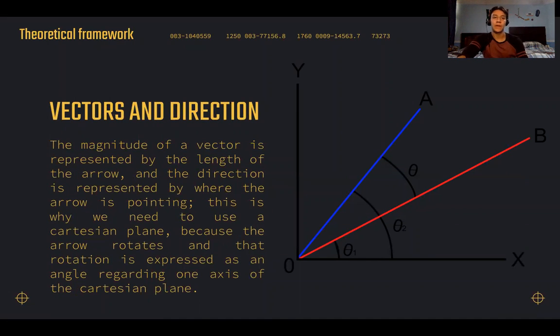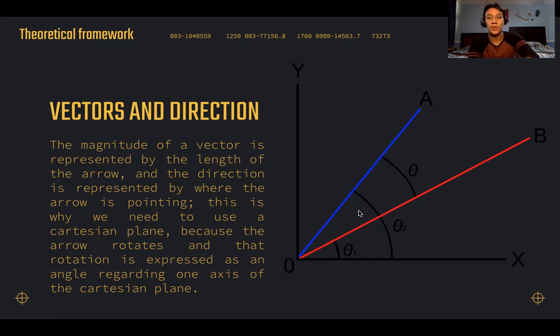The magnitude of the vector is what the arrow has traveled. It can be measured in centimeters, meters, or if it's a bigger distance, in kilometers. It is represented by the length of the arrow, from the start of the Cartesian plane to the end. And the direction, which is the important one here, is represented by where the vector is pointing, where the arrow might be, and it is measured by the angle.